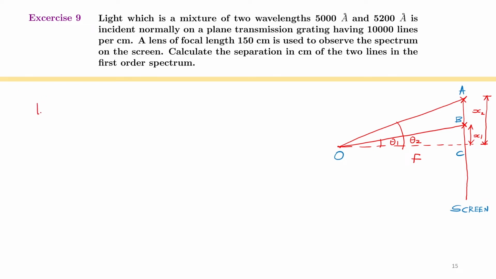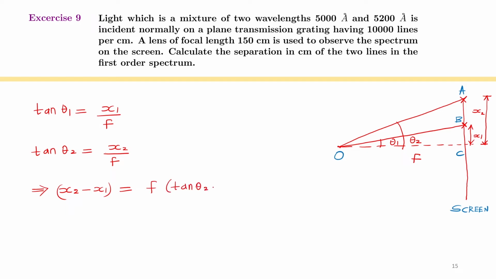From this figure, we can write tan theta 1 as equal to x1 over f, and tan theta 2 as equal to x2 over f. And this gives us x2 minus x1 as equal to f times (tan theta 2 minus tan theta 1).